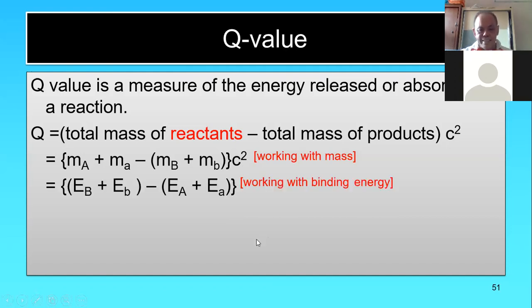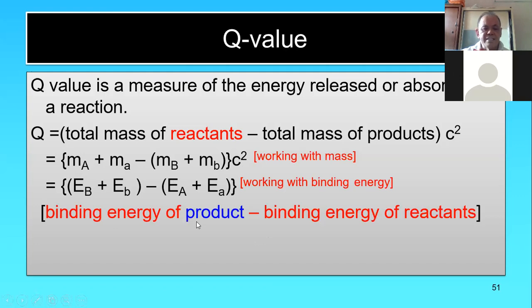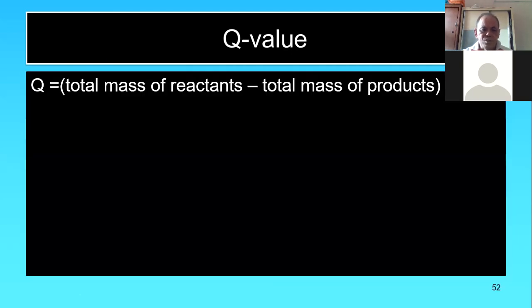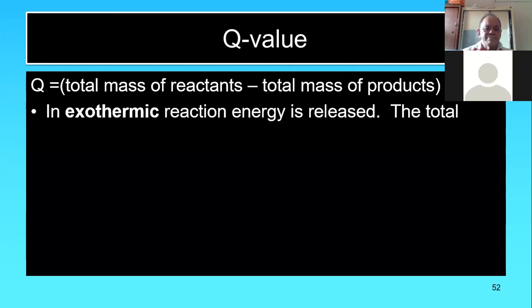But if we use binding energy, then we have to take it the other way around. We take the binding energy of products minus the binding energy of reactants. I think just memorize it. So the Q value is the total mass of reactants minus the total mass of products.